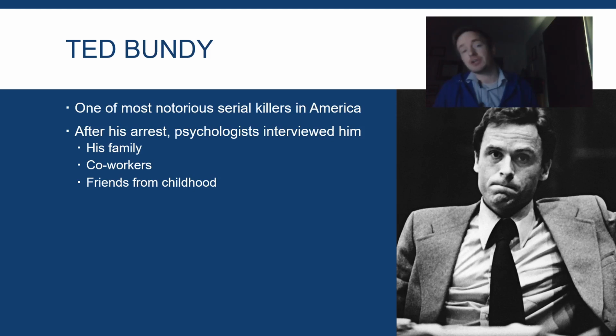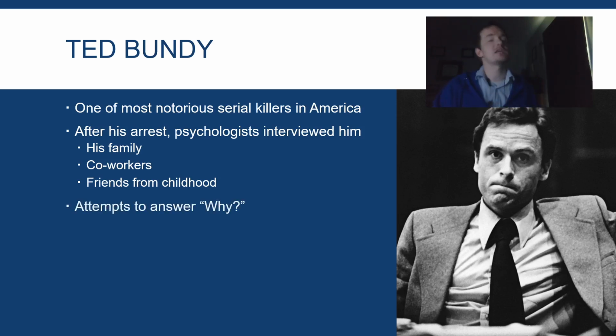After he was arrested, psychologists interviewed lots of people, not just him, but people that he knew, like his neighbors, his family, his coworkers, people that knew him when he was growing up, and things like that. The question they wanted to answer is, why would he do these really terrible, horrific things?